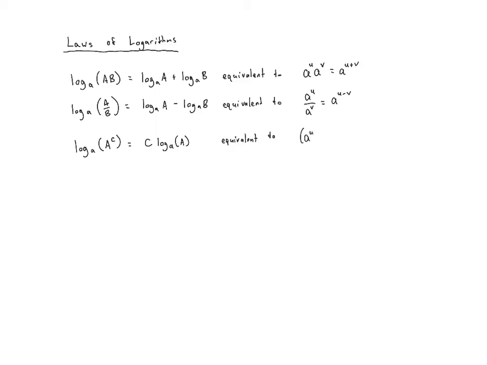Here we have a to the u raised to the v power equals a to the u times v power. We've got a power on something, and in the end, we're expressing it using a product, which is exactly what happened here. These are the 3 main laws of logarithms that we can use in a variety of situations.